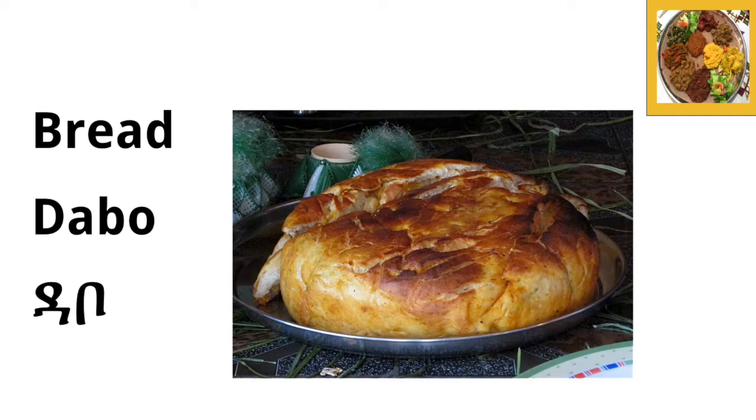Dabo is also more for a snack. You'd have dabo with coffee or with tea, just as you were sitting around and talking. But you could have it with your food as well, I guess. But it's more common as a snack, like shai dabo or something. Shai is tea in Amharic.